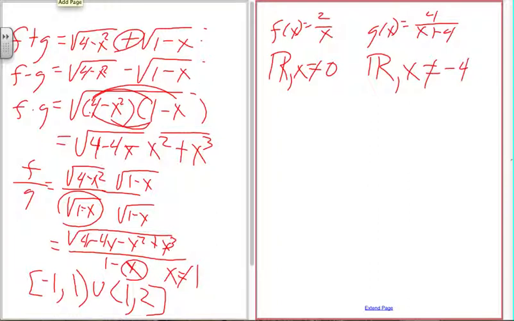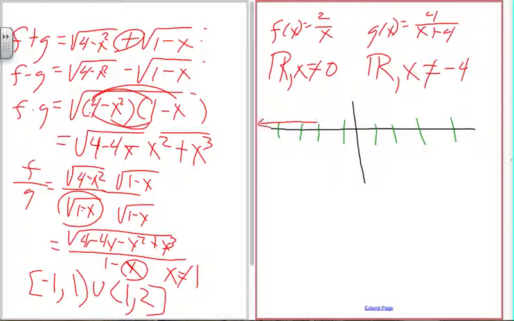So let's come back in then and let's do our number line. So let's deal with f first. So I know it's going to be all real numbers out here, but it cannot be 0.